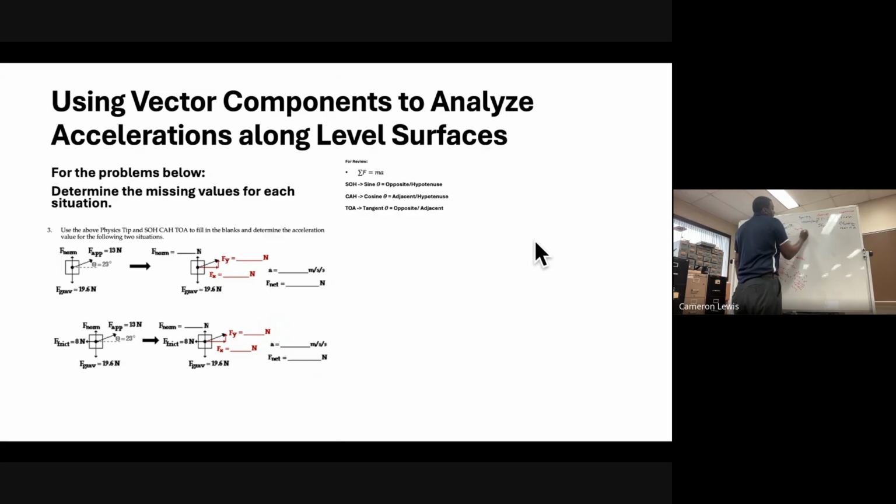I see multiplication, so I do division. Divide by 9.8 on both sides. You said this was 2, right? Yes. So it's still 2 kilograms. So now I could take that and put that over here. I see multiplication, so do division: divide by 2.